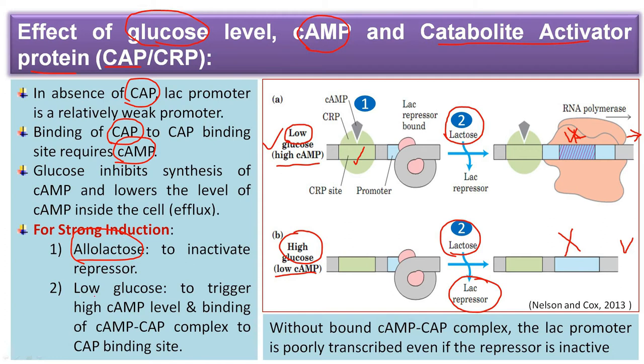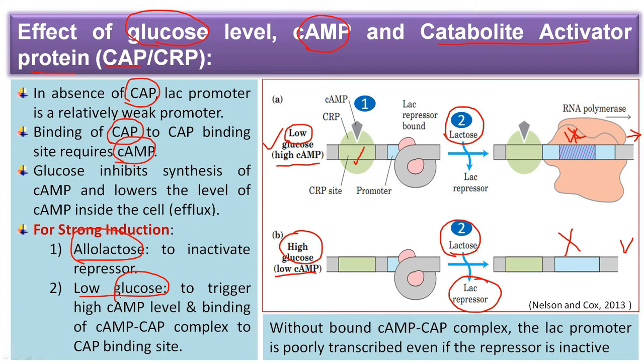The second one is the level of glucose must be low so that there will be a high level of cyclic AMP, and this will form a complex with CAP, and this in turn will bind to the CAP binding site, thereby allowing the binding of RNAP to the promoter to initiate the transcription of structural genes. So this is now clear.